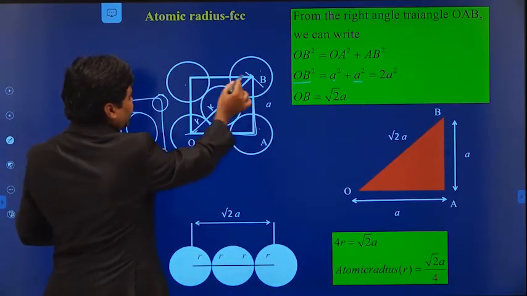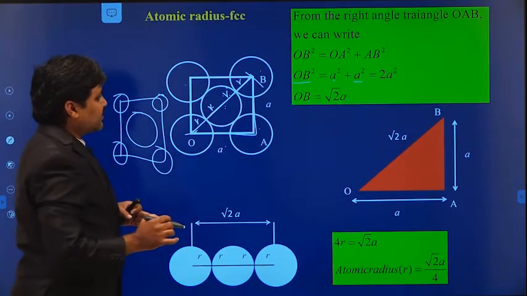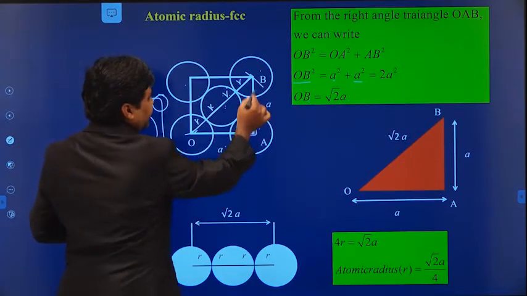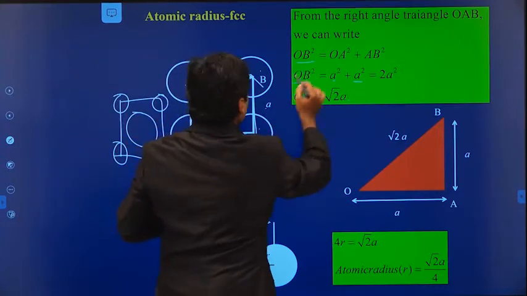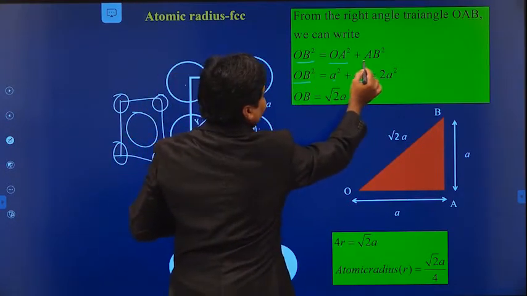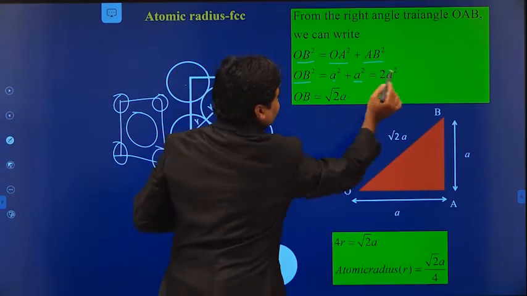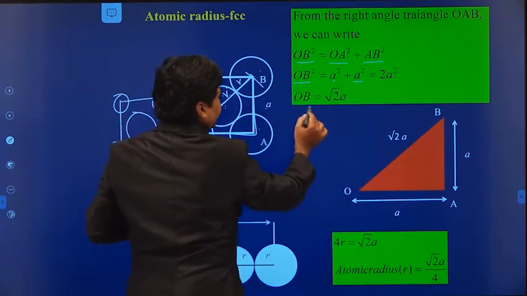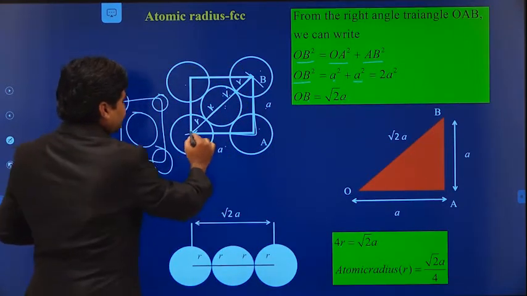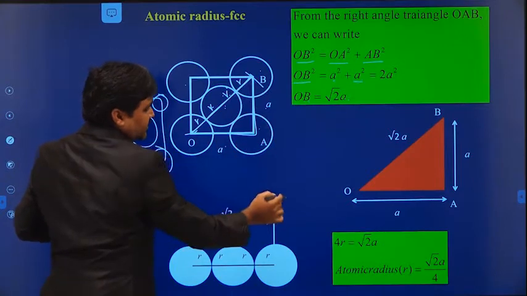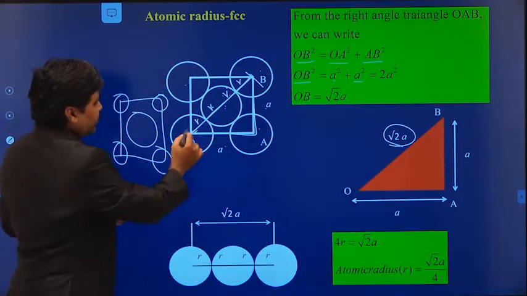So we have atoms at the corners and we have one face center atom. Here this is one side a and this is another side a. From the right angle triangle OAB we can write OB square, that means hypotenuse square, equals side square plus side square. So OB square equals a square plus a square, that is equal to 2a square, and OB equals square root of 2 a. So the length from here to here is square root of 2 a, and here we have 4 radii.